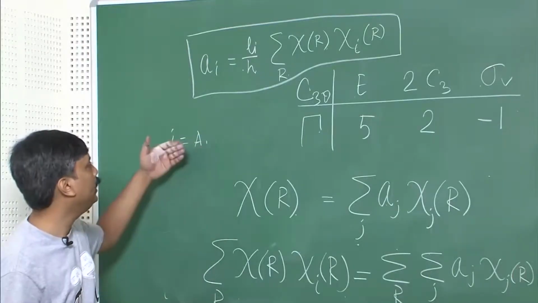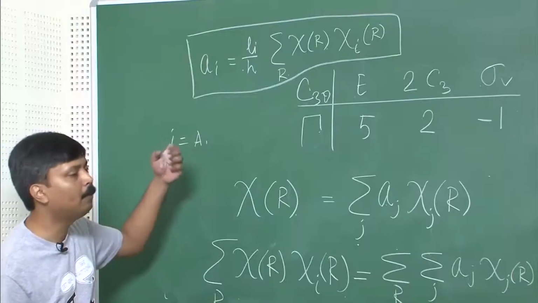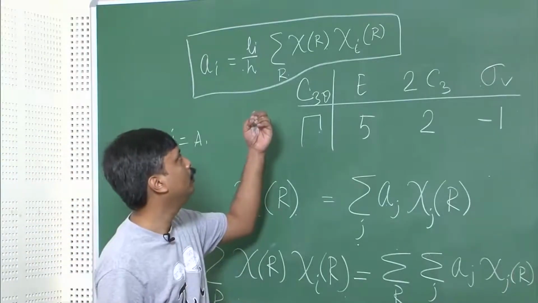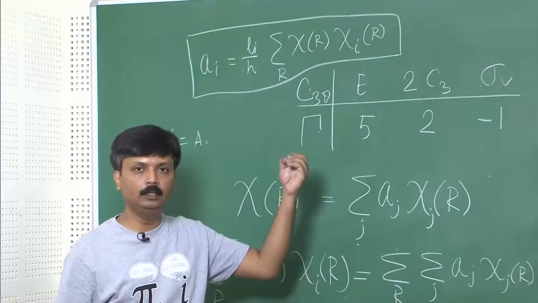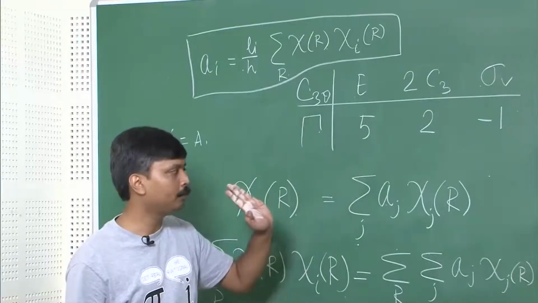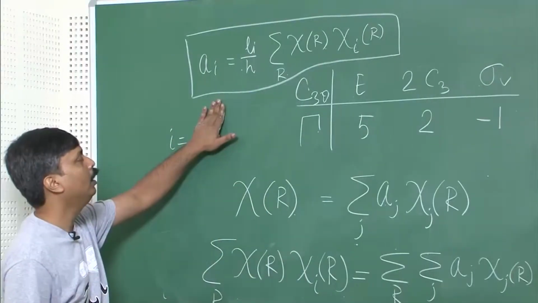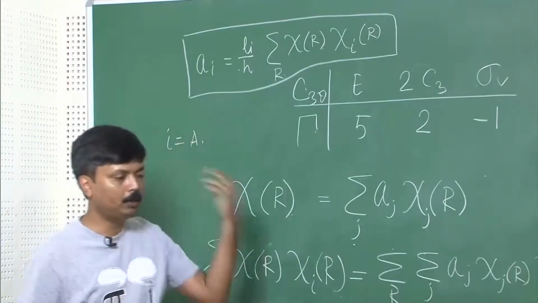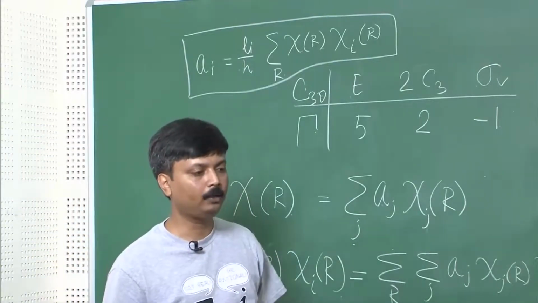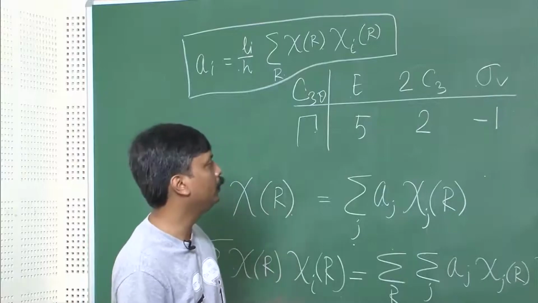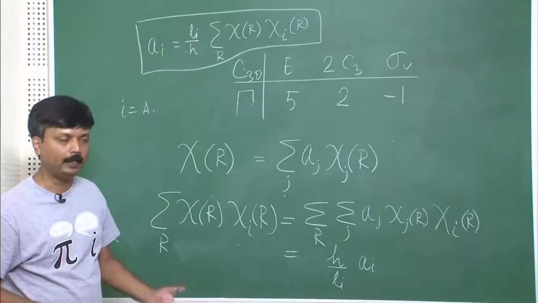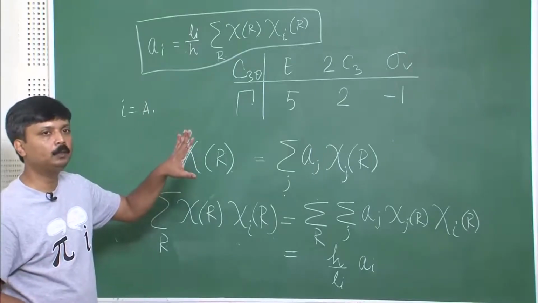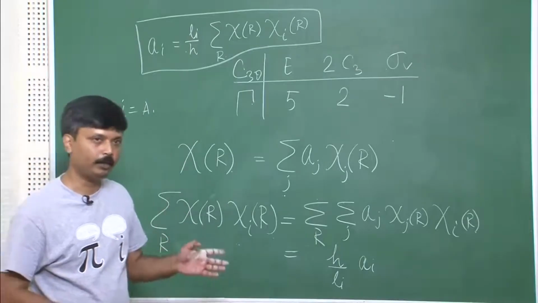Similarly, I can find what is the number of occurrence of A2 or E for this particular point group. Okay. So this relation we should try to remember. You can follow this method, you can derive yourself again, and try to remember this one, because this will be used very often.